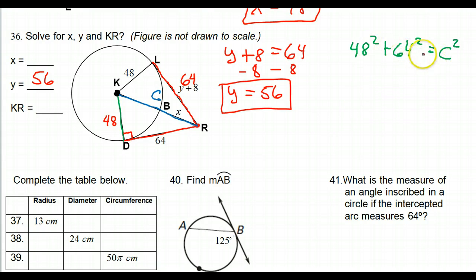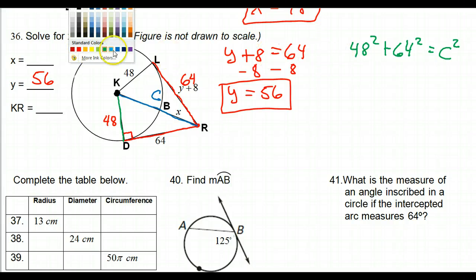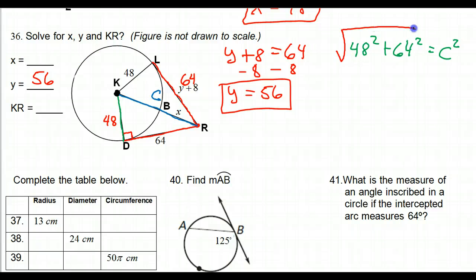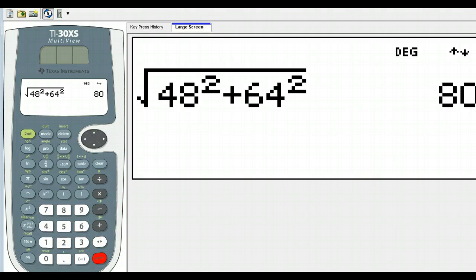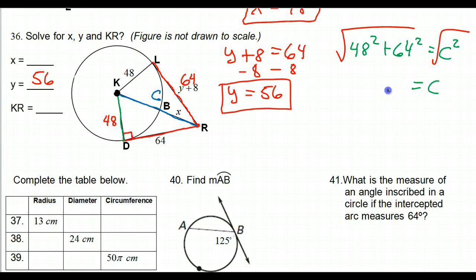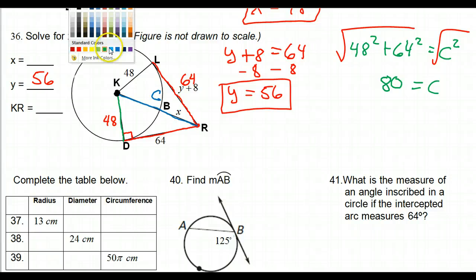If we take the square root of both sides, that should give me the answer. Notice you can just type the entire thing into your TI-30XS MultiView, and you get 80. So C is 80. But remember that this C is KR. This hypotenuse is KR. So that is 80.